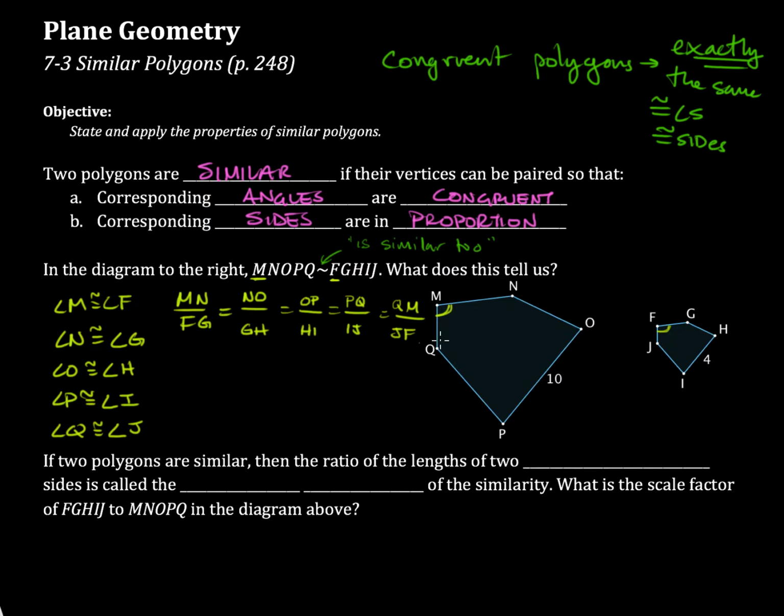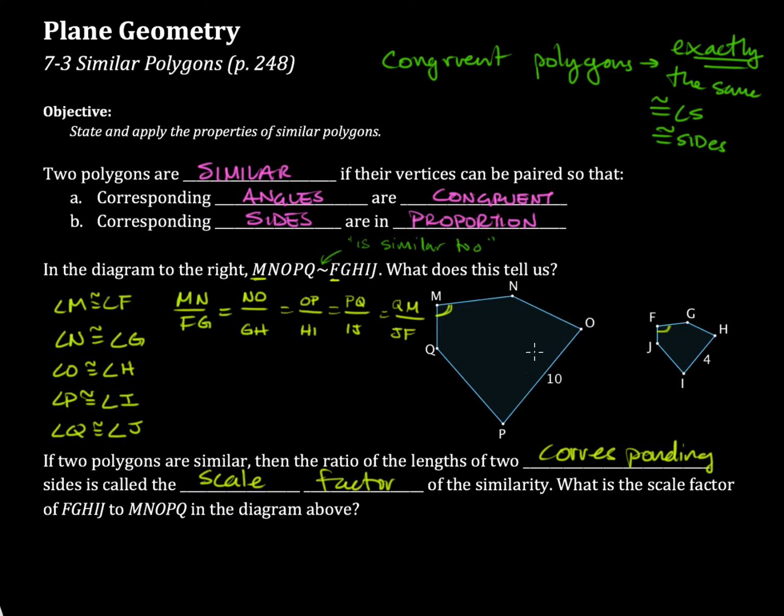All of these corresponding sides are in proportion. So if I match up a pair of corresponding sides as a ratio, I can set it equal to any other pair of corresponding sides in a ratio. If two polygons are similar, like these two right here, the ratio of the lengths of two corresponding sides is called the scale factor of the similarity.